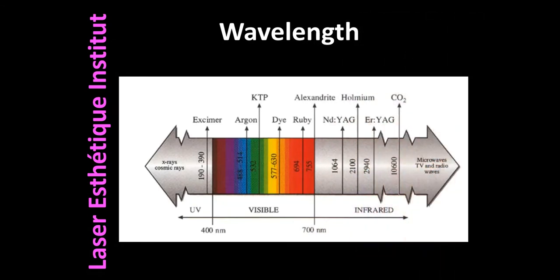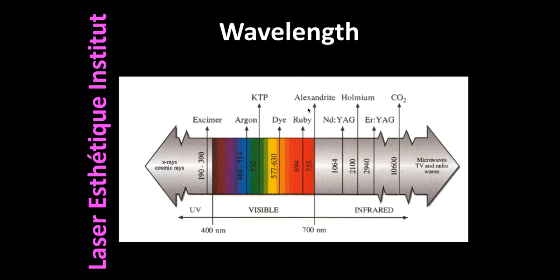These different lasers you can see here emit in one very precise wavelength. This is the difference with visible light, where you have from blue to red many wavelengths, and this is the difference between natural light and lasers.